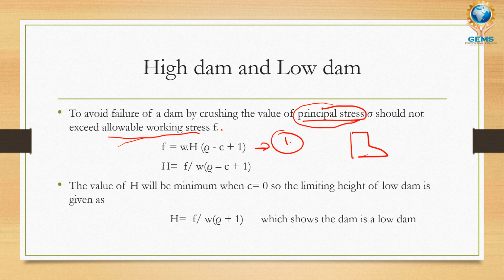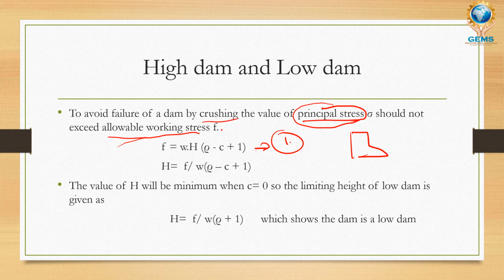If the allowable working stress is very low compared to this principal stress, your dam is going to fail by this crushing effect, which is mentioned here.